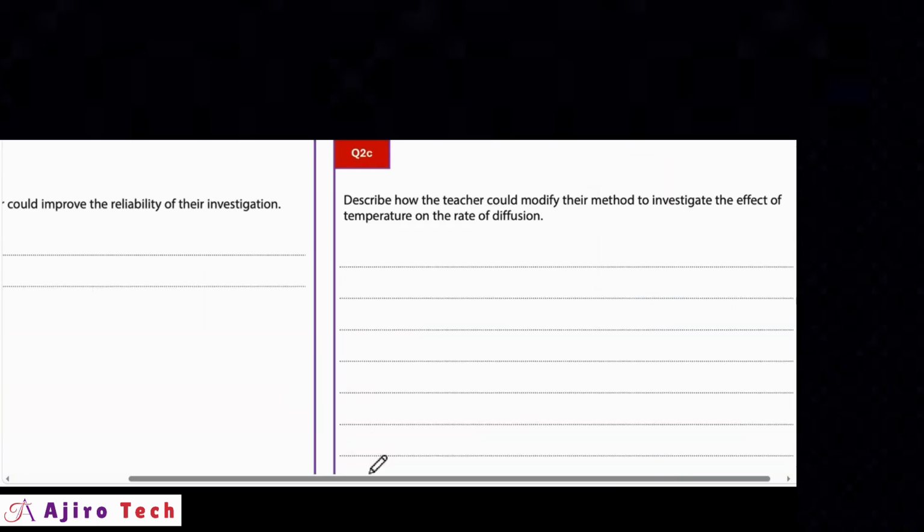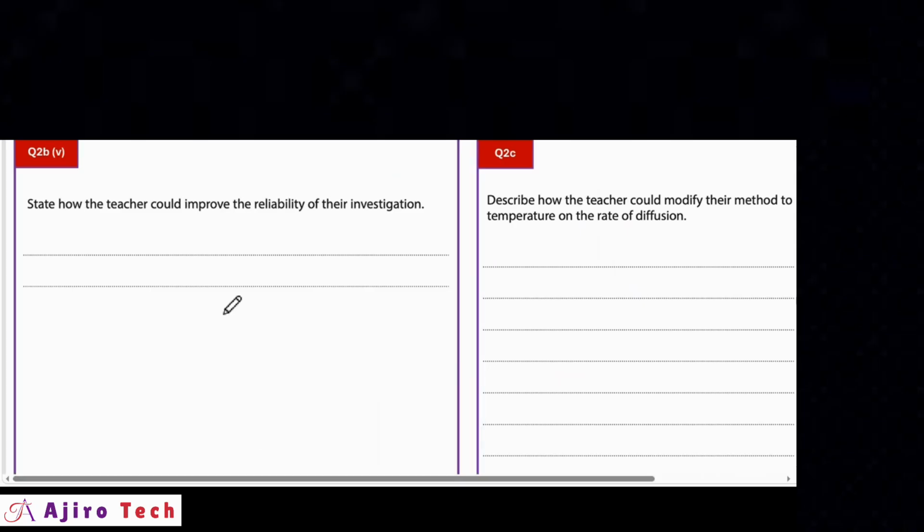So let's go to question 2B 5. Question 2B Roman figure 5 says: state how the teacher could improve the reliability of their investigation.